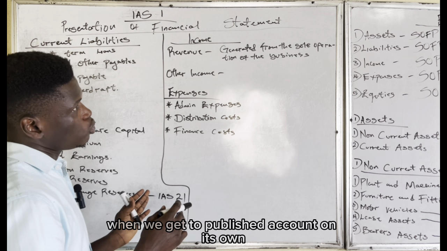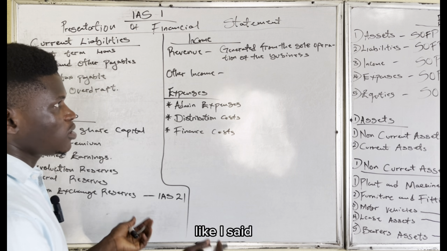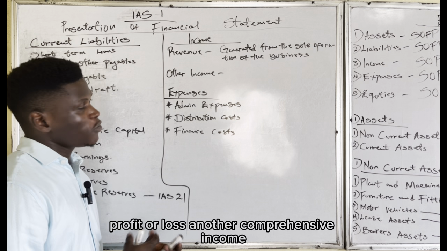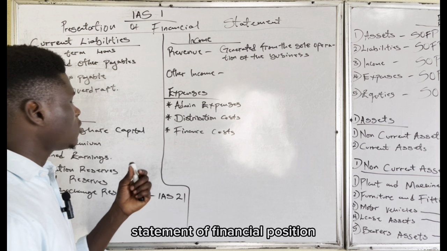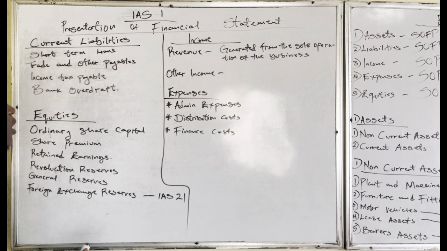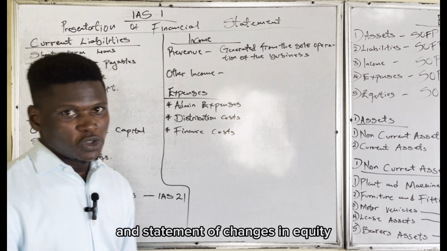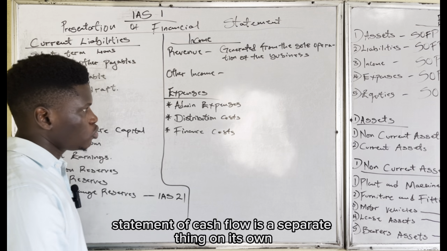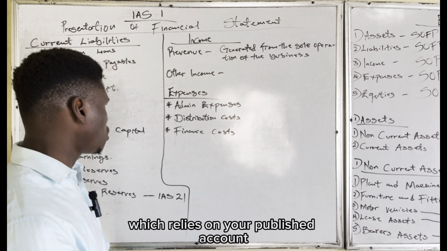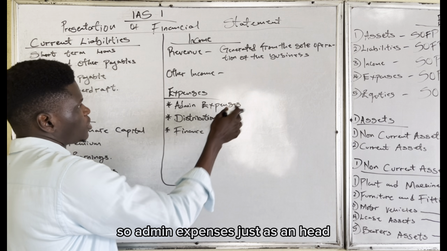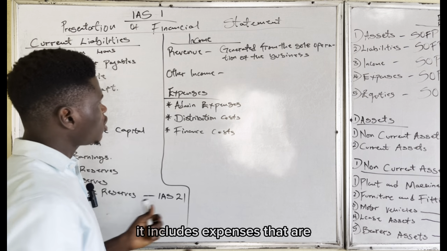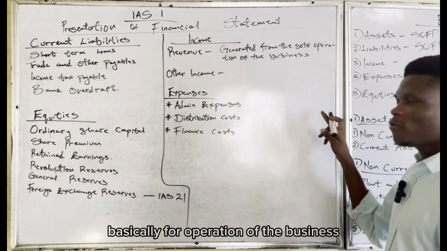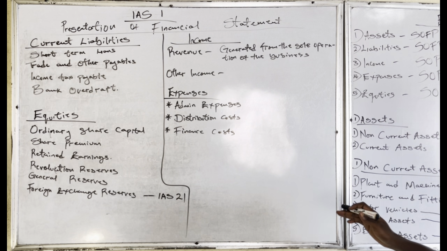When we get to published account on its own, like I said, published account includes your statement of profit or loss and other comprehensive income, statement of financial position, and statement of changes in equity. Statement of cash flow is a separate thing on its own, which relies on your published account. So admin expenses, as a head, include expenses that are basically for operation of the business.